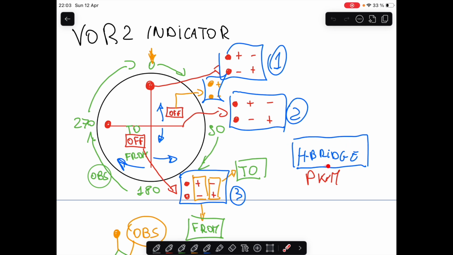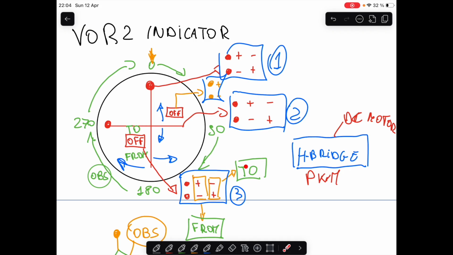So I used a simple H bridge for a DC motor that you can find anywhere on the internet. The same thing I did for the to/from flag. It has two pins, and once again they can be plus minus, and we have the from, or minus plus, and we have the to.